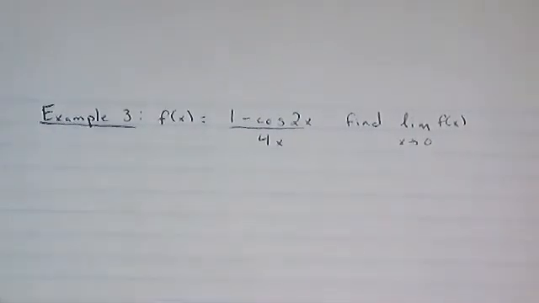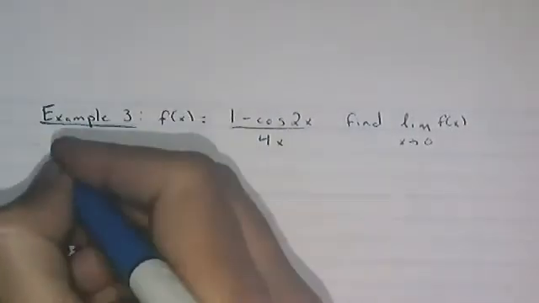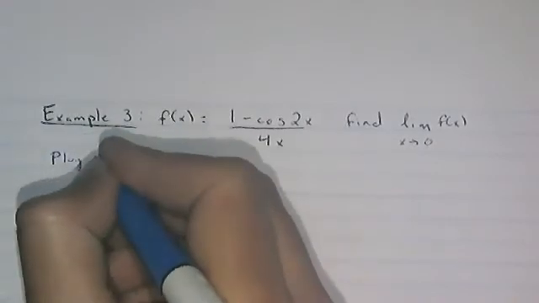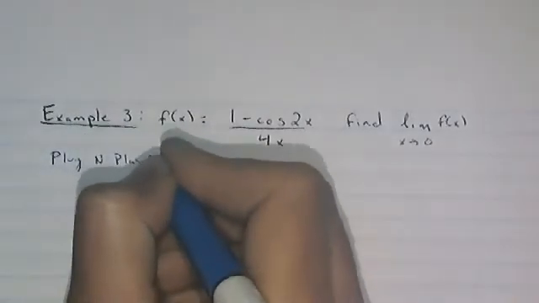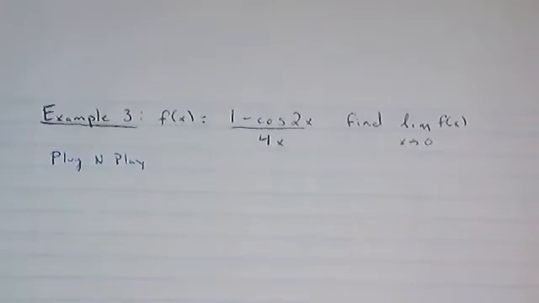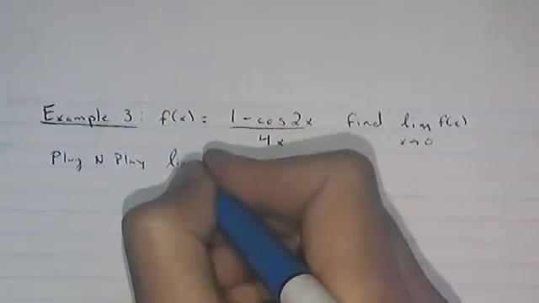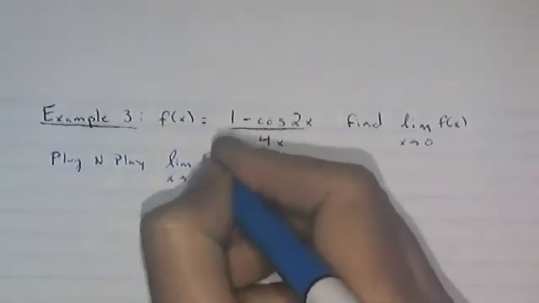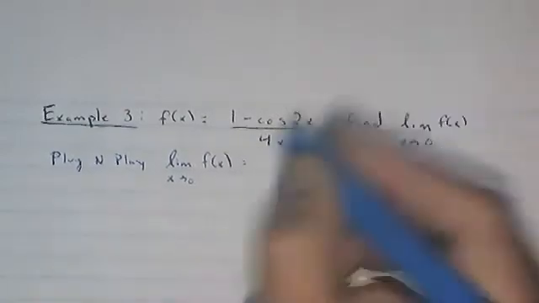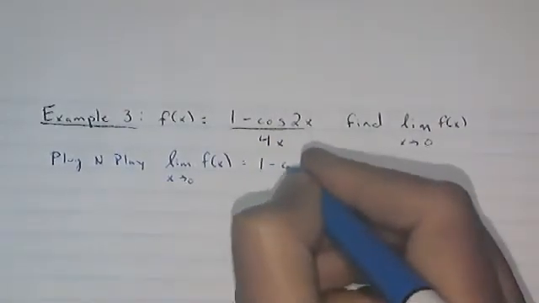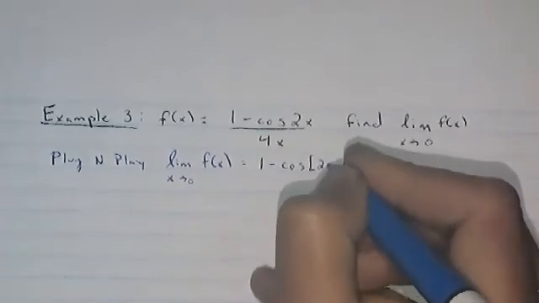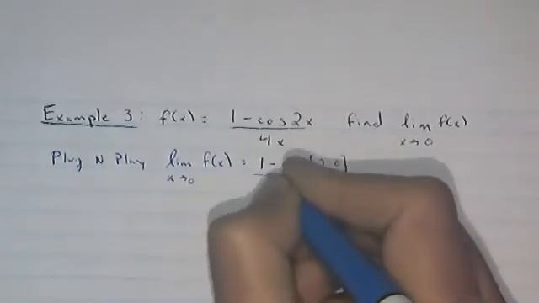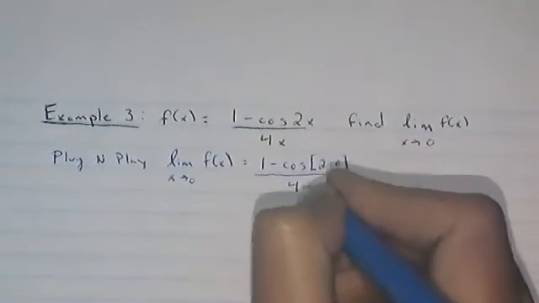So let's plug and play. See what happens. The limit as x approaches 0 of f of x would then be 1 minus the cosine of 2 times 0, all divided by 4 times 0.